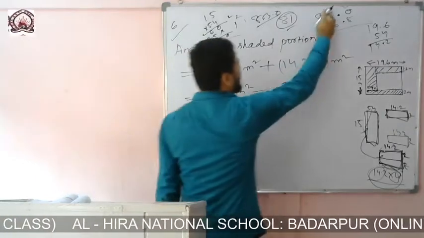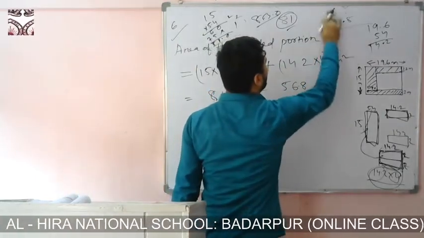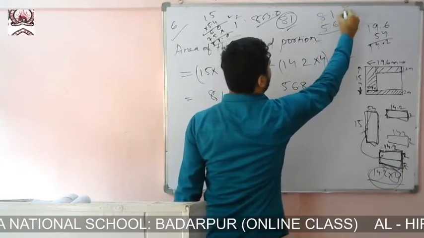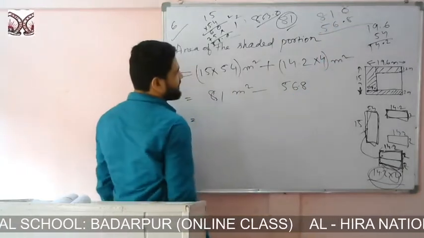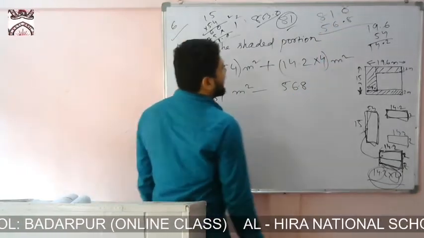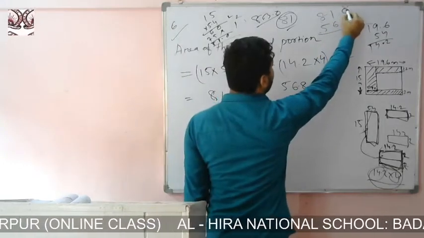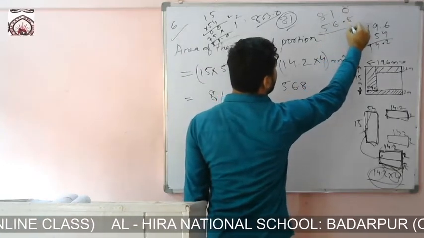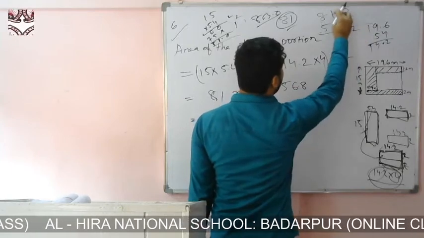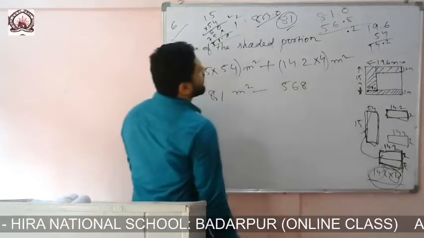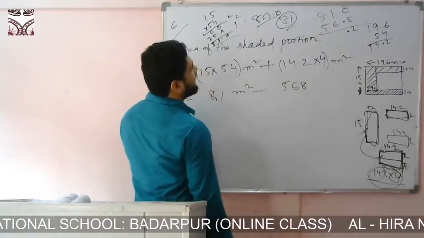Okay, now you subtract. 81. If you subtract, then if I take 10 minus 8, 2. Here remains 0.